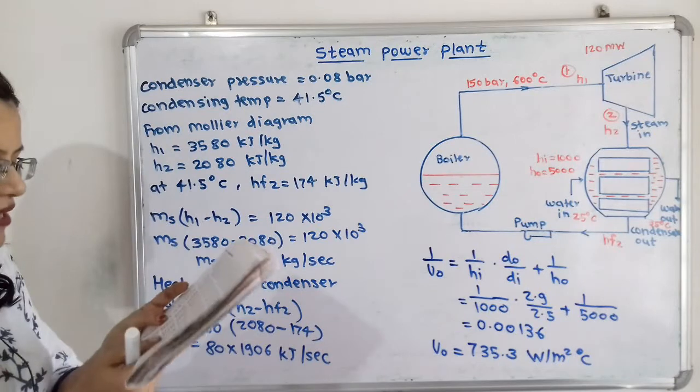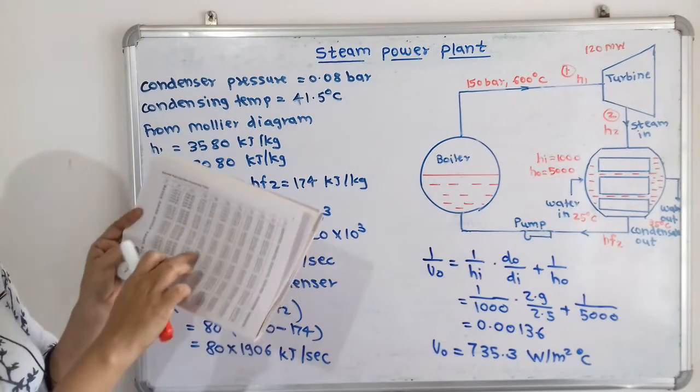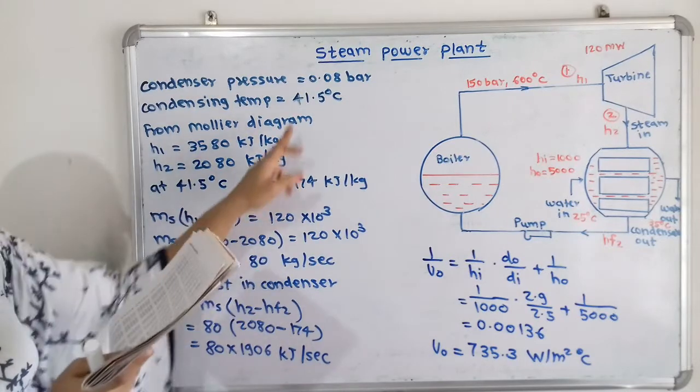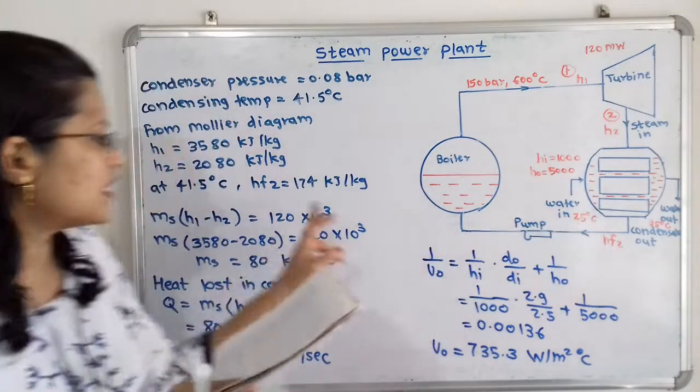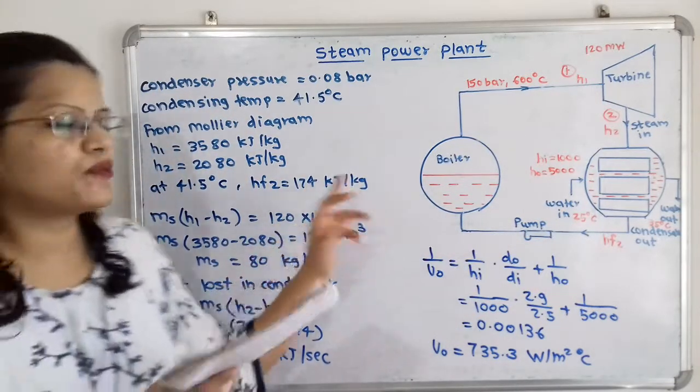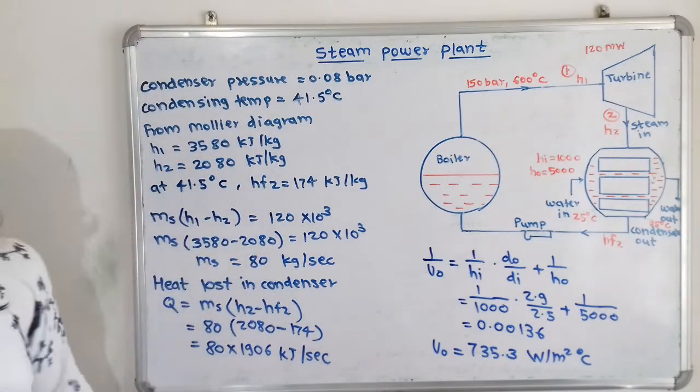Temperature is 41.5 and we have to find out the value of Hf. So here the value is given and at this 41.5 we will take Hf2 because here the point 2 is there, 174 kilojoule per kilogram. Now we will move to the calculation part.